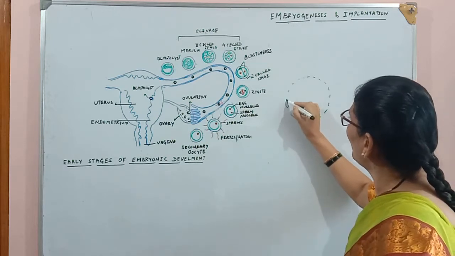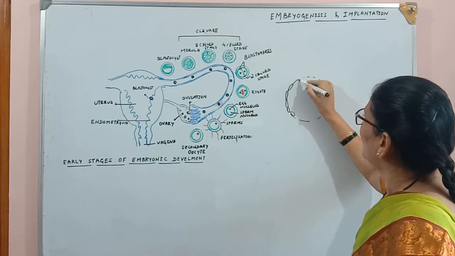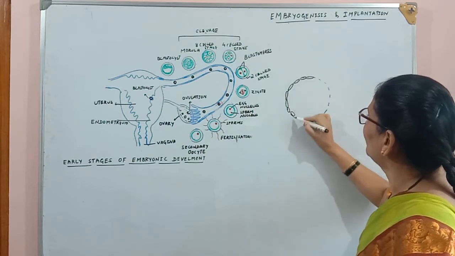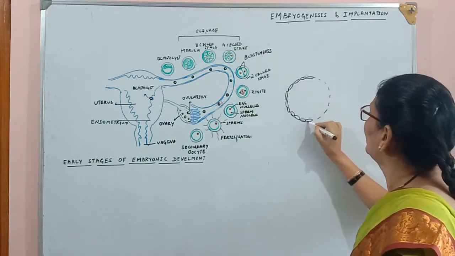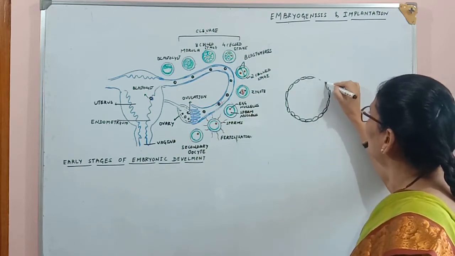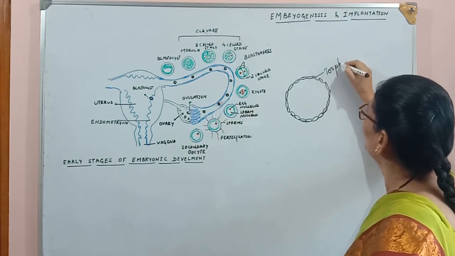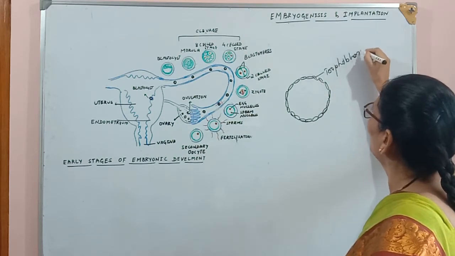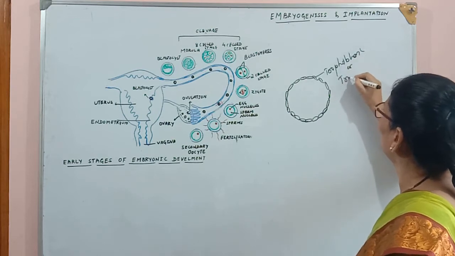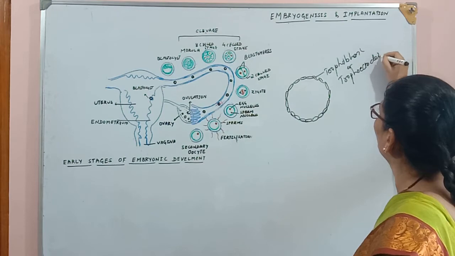The outermost layer of the morula, these cells are flattening, and this layer made by flattened cells is called the trophoblast, or trophoectoderm.